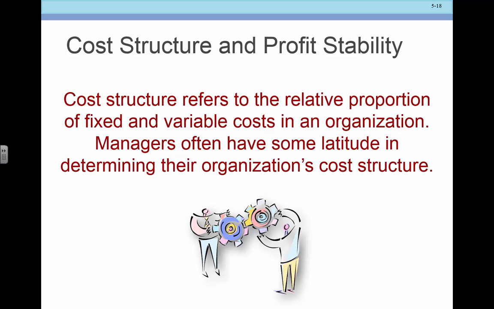But the point being, can you start playing with it? I want to stabilize my profit, what kinds of things do I look at? And converting fixed to variable is a huge piece of it. Now, are you more or less exposed, or more or less risky, if you have high fixed costs versus low fixed costs?